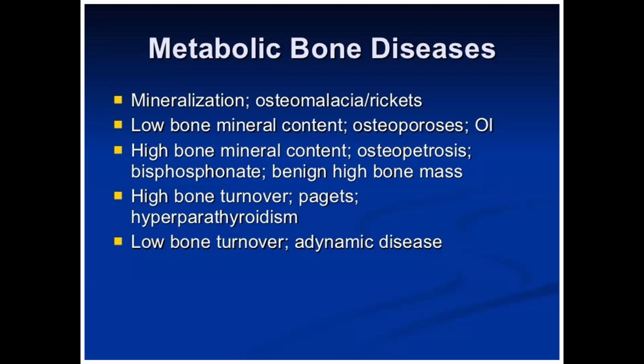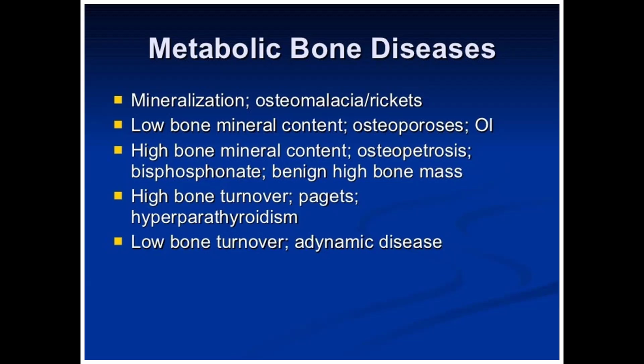These are low bone mineral content. High bone mineral content, such as osteopetrosis, bisphosphonates, and benign high bone mass. High bone turnover, like Paget's or hyperparathyroidism. Low bone turnover, such as adynamic bone disease.